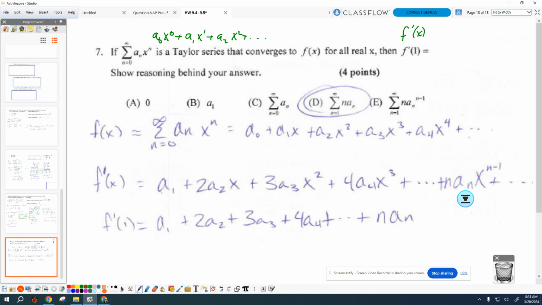That guy goes away, and then I end up with this, and then look for the one that meets the pattern. All the x's are going to end up going away, so it's 1 a sub 1, 2 a sub 2, 3 a sub 3. So it looks like n a sub n, and then you've got a match.